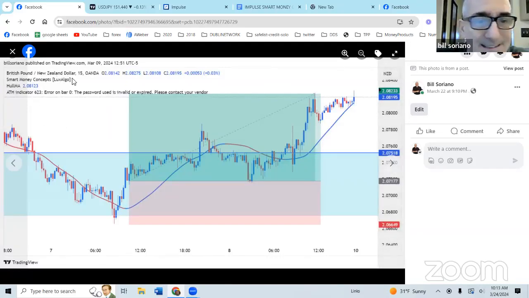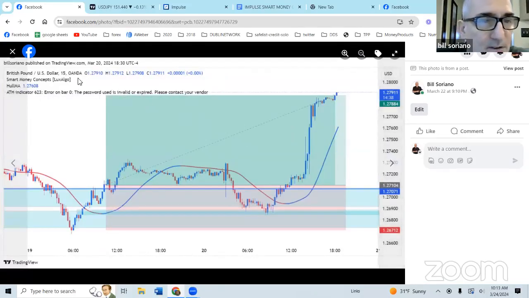This is GBP NZD. Here is where the whole moving average turns from bearish to bullish, and you take that trade. This is GBP USD. Again, turns from bearish to bullish right here. Take that trade, goes into drawdown, but then straight up and into profit.